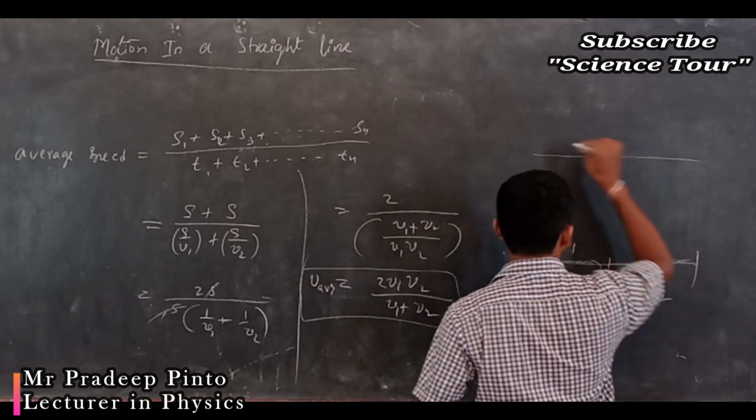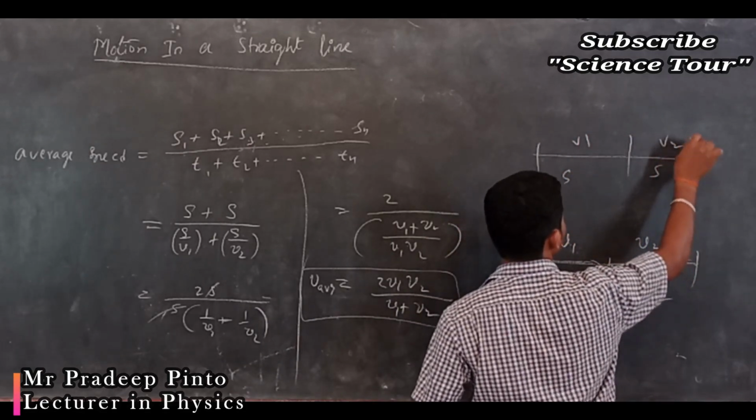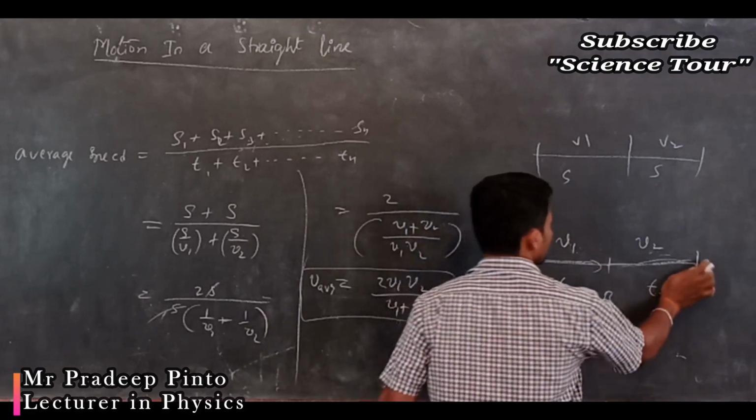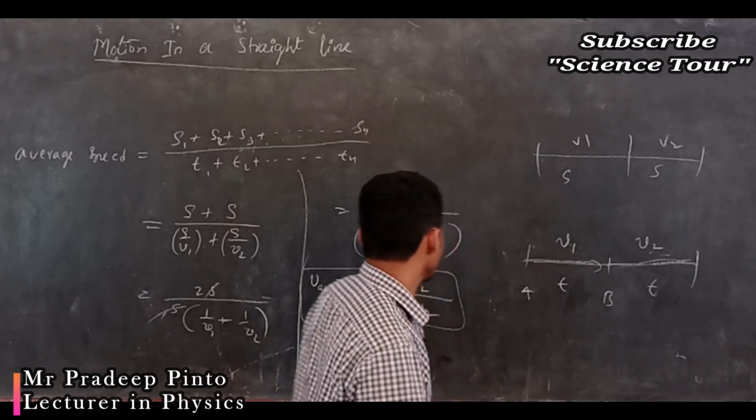The first condition was the same distances travelled with V1 and V2, but now it is with the same time. Some distances you know or don't know, but with different velocities.